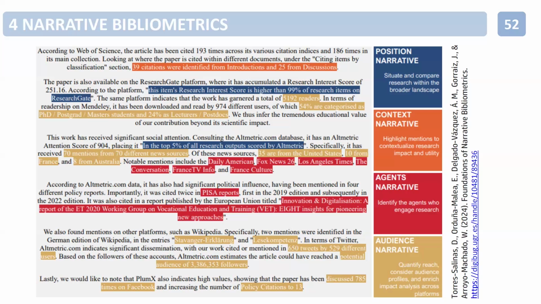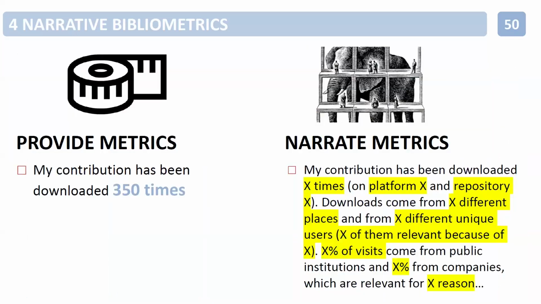For example, you may say your paper was downloaded 350 times. That's just a number, but you can filter and add context to that number.